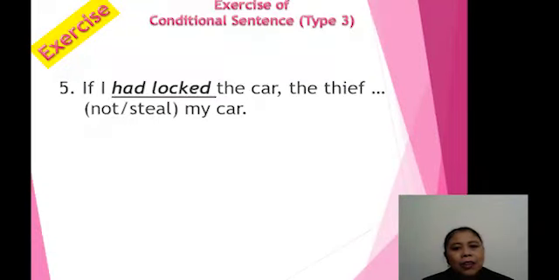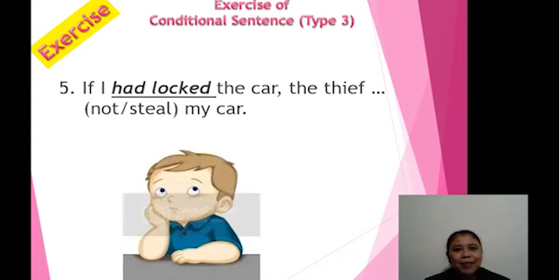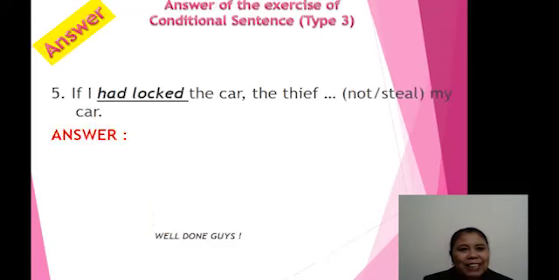If I had locked the car, the thief not steal my car. Think the answer, please. Finish. Okay, let's check the answer. If I had locked the car, the thief not steal my car.